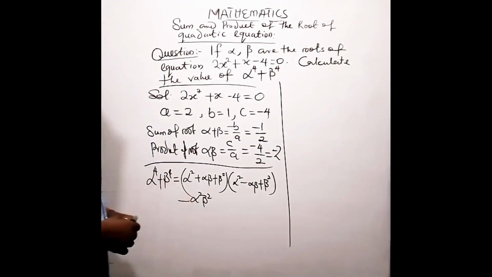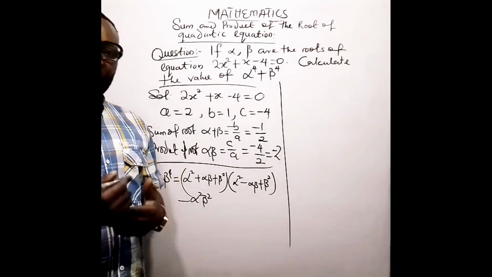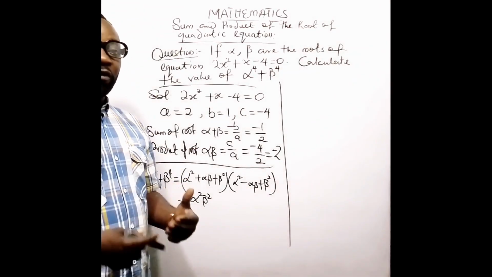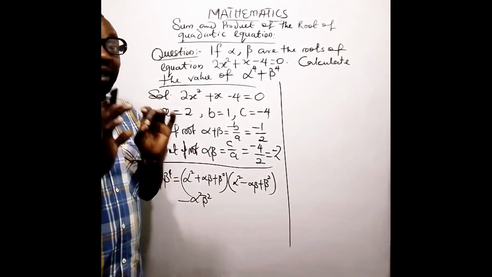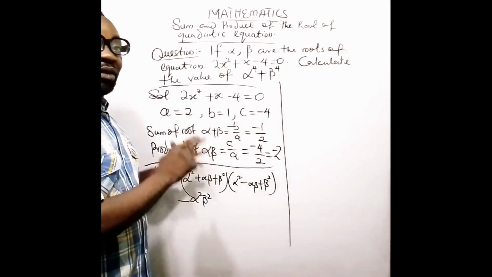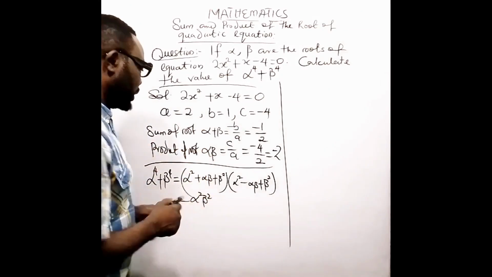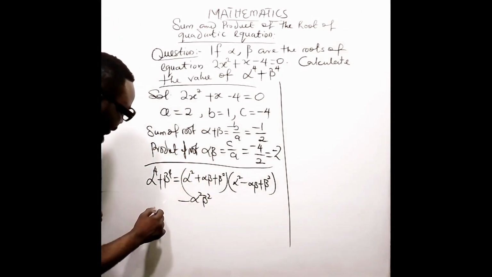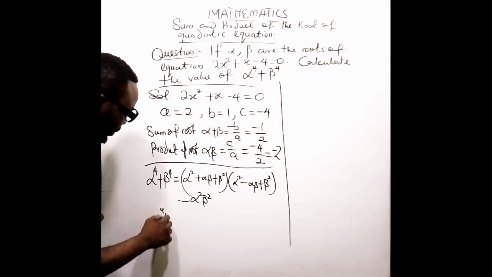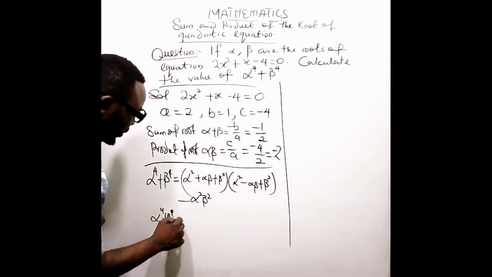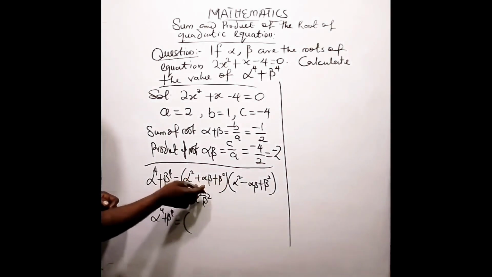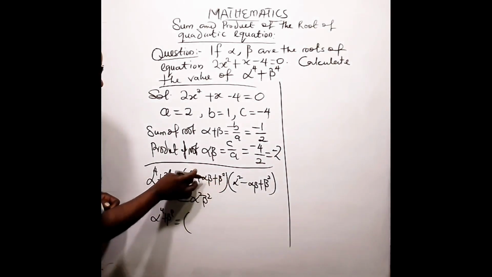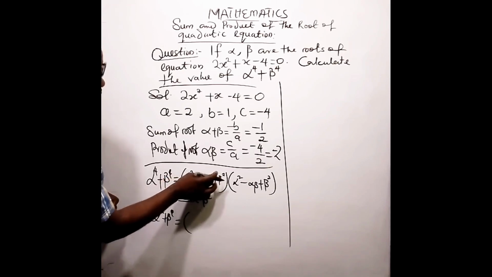Now, we are to make sure that we work towards finding the value of the sum of roots and product of roots. That is our intention whenever we are dealing with this kind of question. So here, alpha raised to power 4 plus beta raised to power 4 will become, we are going to rearrange this information, because we do not have any information that deals with alpha squared plus alpha beta.